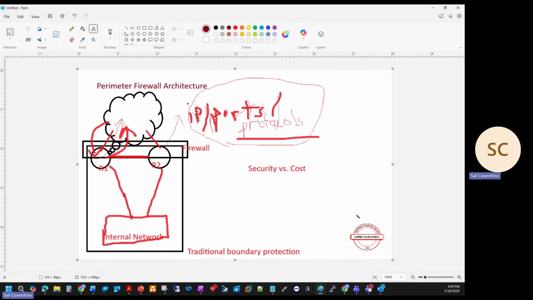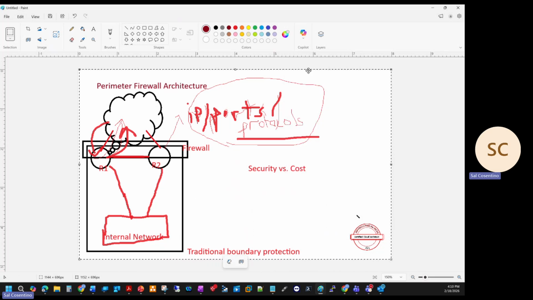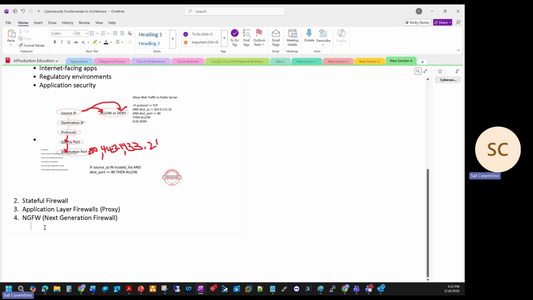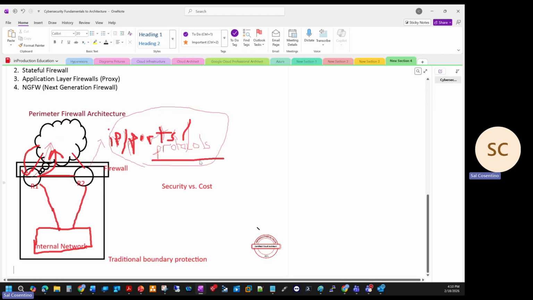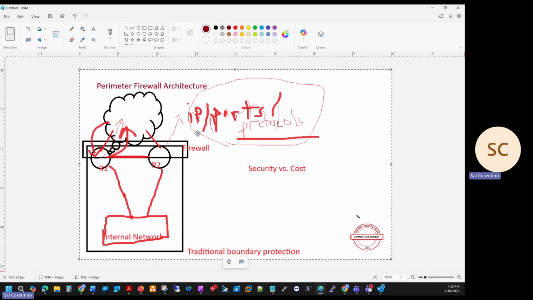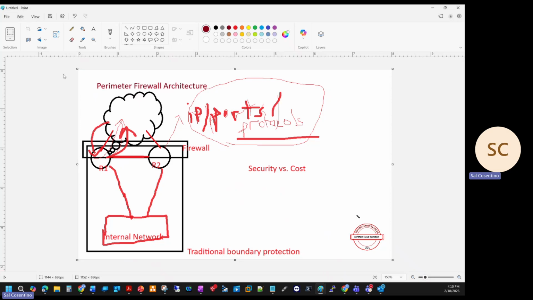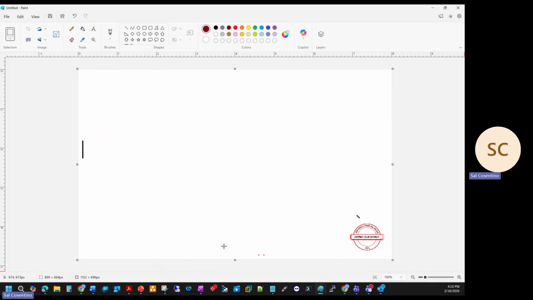I'm gonna take this whole thing and I'm gonna bring it here and put it into my notes for architectures. So remember what we talked about here. And then we can remove all this. We don't need all this. Delete, and we can start from scratch.